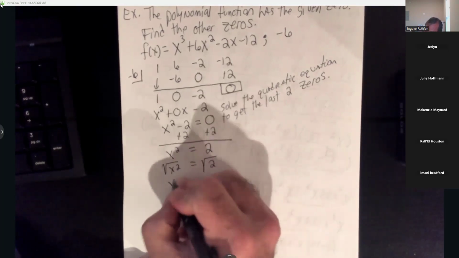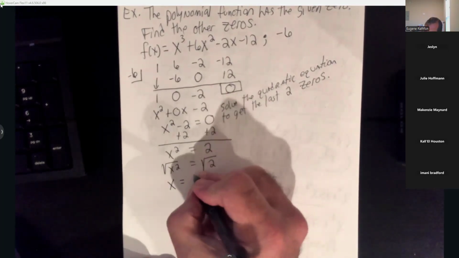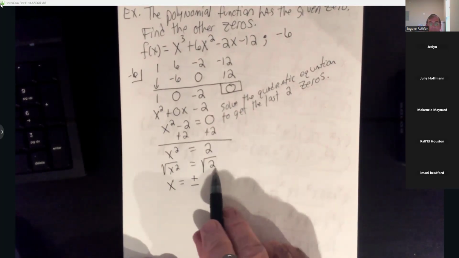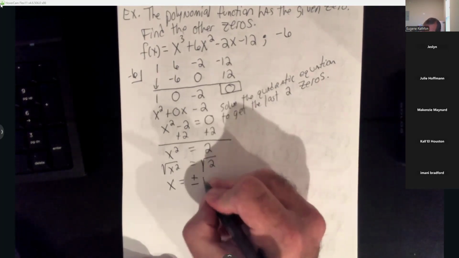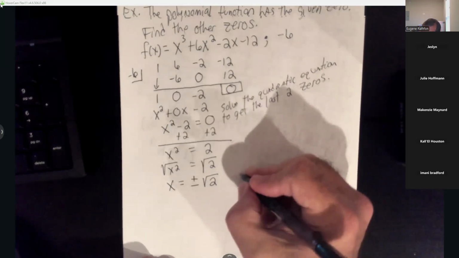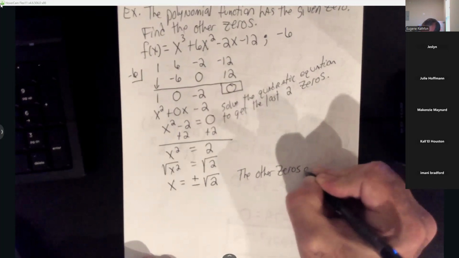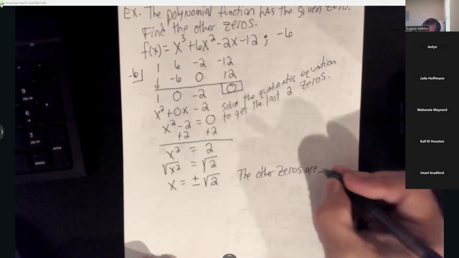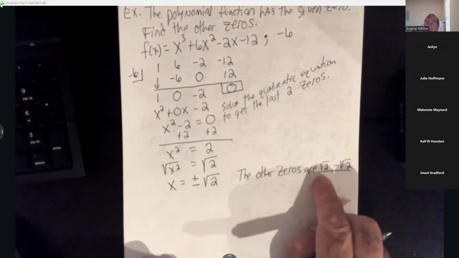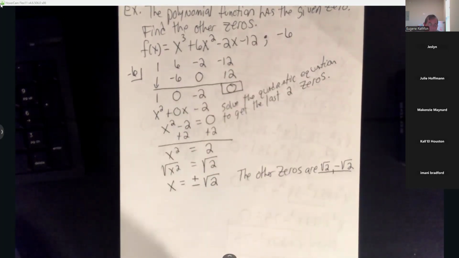The square root of x squared is x. Remember, since we're doing a square root of a number, we have to do a plus or negative. And I can't do anything with that square root of 2, so it stays square root of 2. So for this one, it'll say the other zeros are blank. We would put in square root of 2 and negative square root of 2. You do not put in the -6 because they gave you that one, okay?